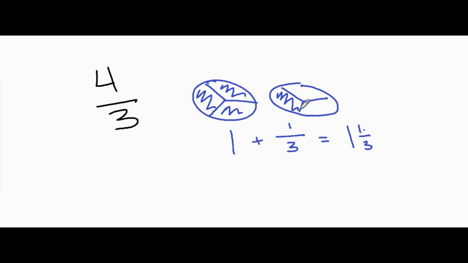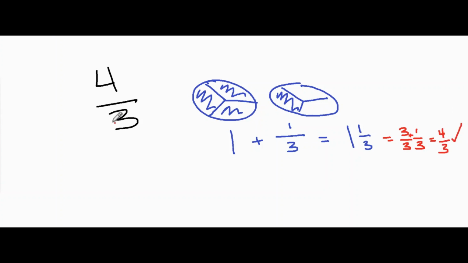Now, you can always go backwards. This is a step that most people miss. You take the whole value here, the integer, 1 times the denominator because it tells you how many parts it was. 1 times 3 equals 3/3. 3 over 3 is 1, so there's no difference. 3/3 and 1/3 is 4/3.